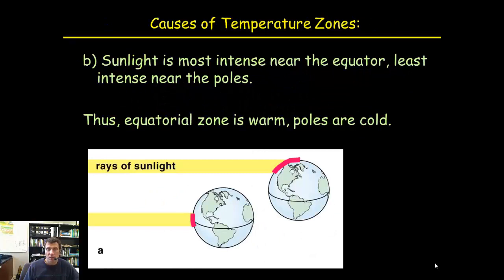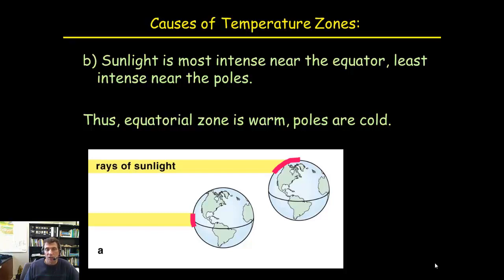The other part of the reason is shown here in this cartoon, and that is that sunlight tends to be more intense striking around the equator as compared to sunlight striking near either of the poles. And the reason is that near the poles, the angle of the Earth's surface relative to the incoming sunlight is more oblique.